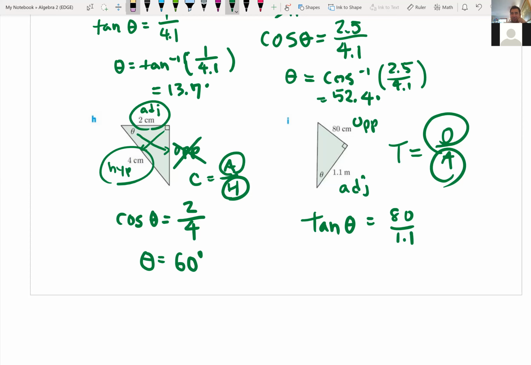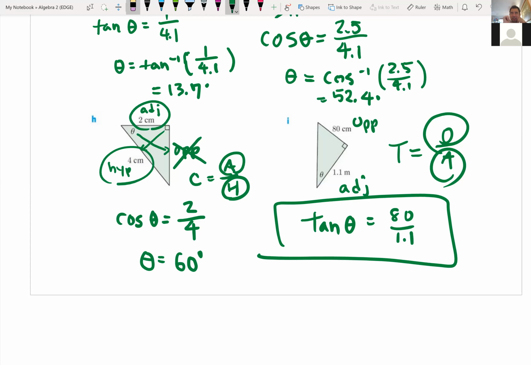Can anybody tell me what's wrong with my equation? If you do inverse tangent of 80 divided by 1.1, you get 89. It looks like 90 degrees. What's wrong with this answer? What did I do wrong?